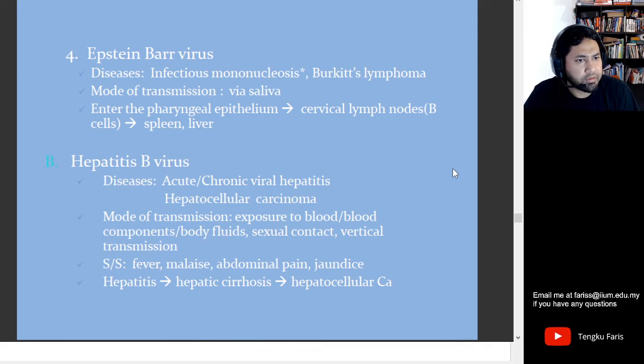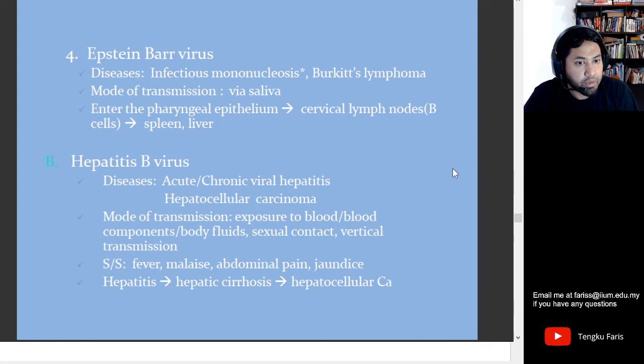Epstein-Barr virus, the most common diseases associated are mononucleosis and Burkitt's lymphoma. It can be transmitted through saliva.